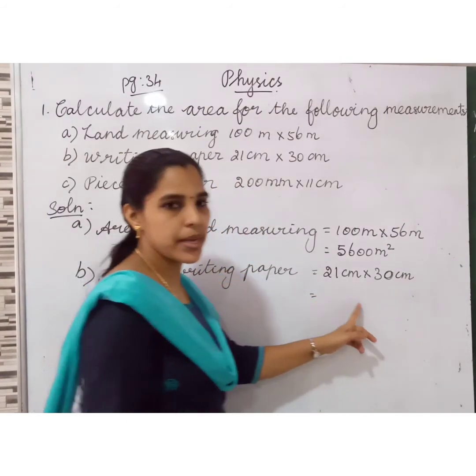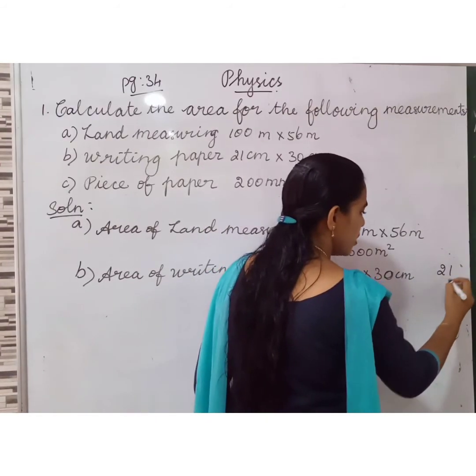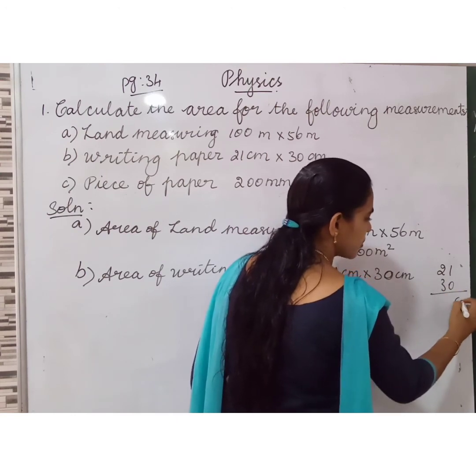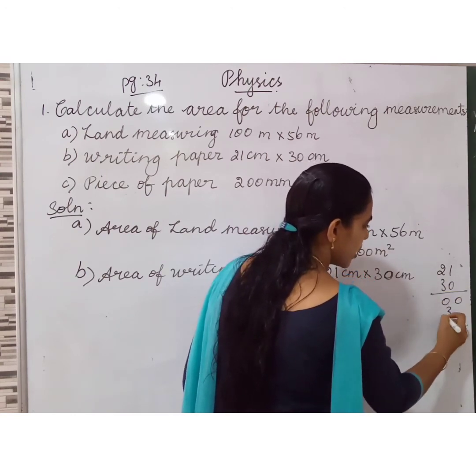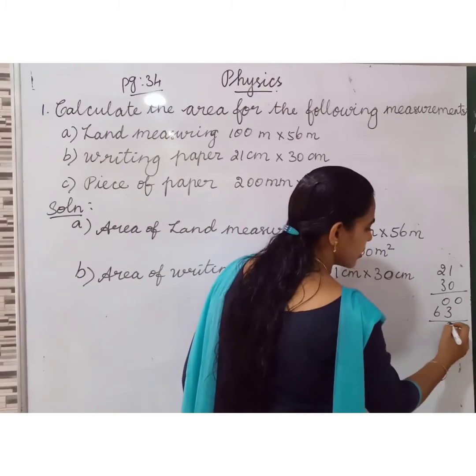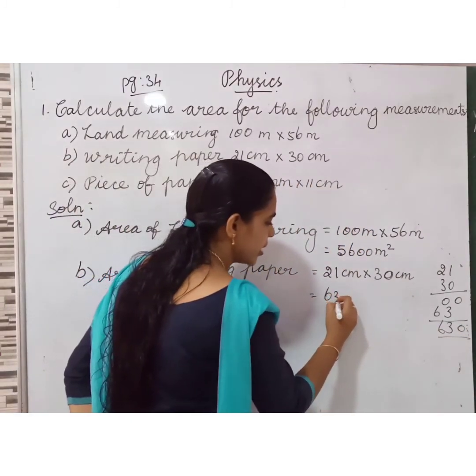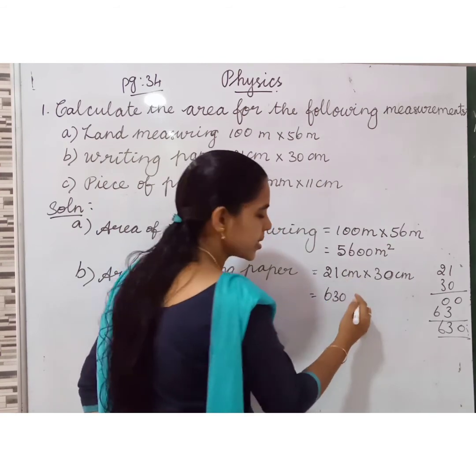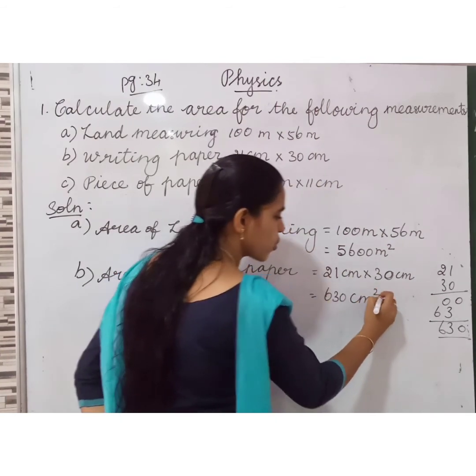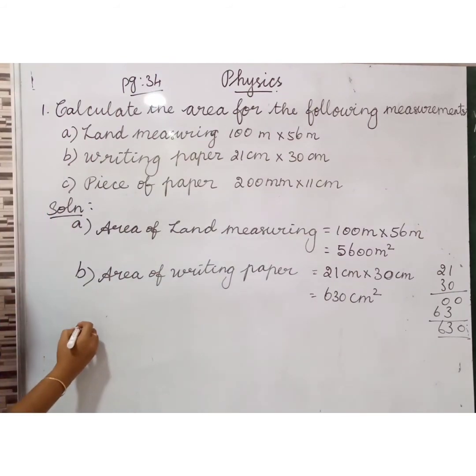So we have to multiply these numbers. 21 into 30. 0, 1 3s are 3, 2 3s are 6. So 630. Here the unit is centimeter, so centimeter square.